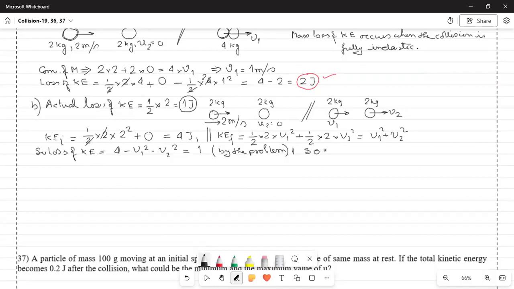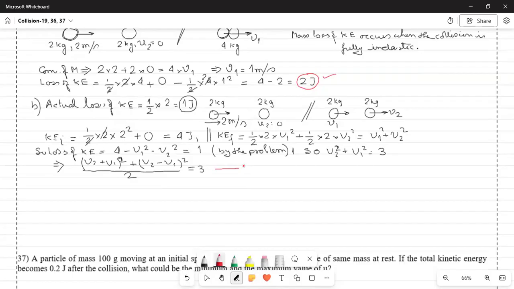Now v2 square plus v1 square is actually (v2 plus v1) whole square plus (v2 minus v1) whole square, divided by 2. This is the left hand side, which is given as 3. Let us stop here.